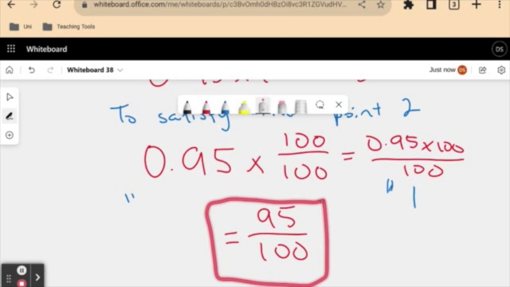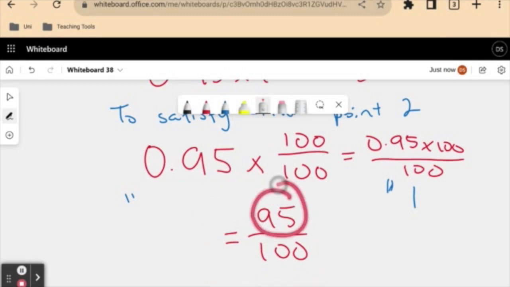We have a fraction with some number over 100. That's the fraction form in which we can represent a percentage. So we get 95%.